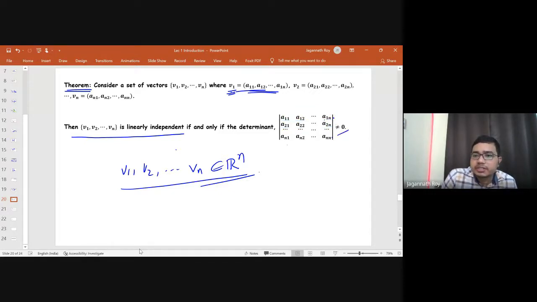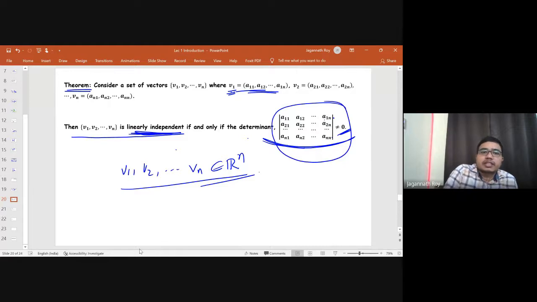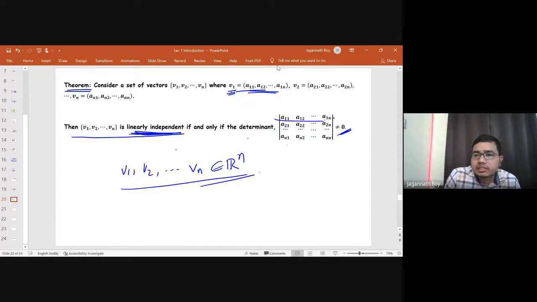If the determinant is non-zero, then we can call them linearly independent. Conversely, if this determinant is given as non-zero and the vectors are not mentioned, then from this theorem you can conclude that these row vectors are independent. So it is true both ways.